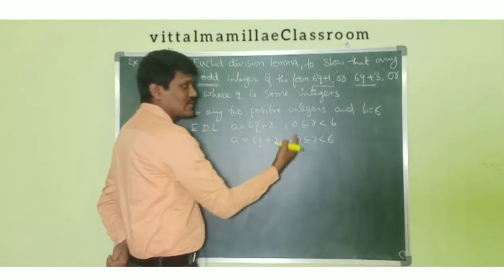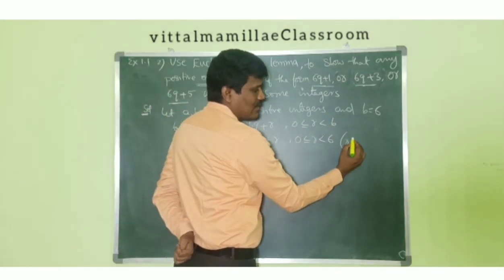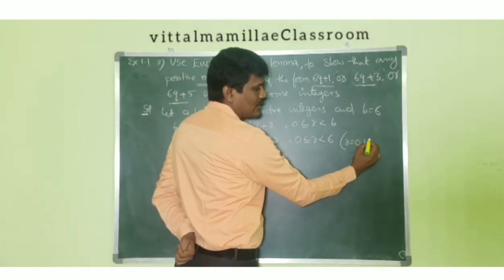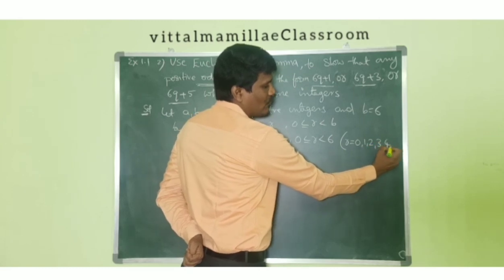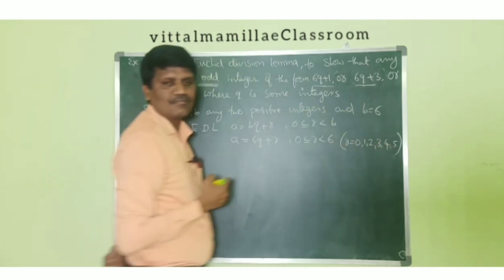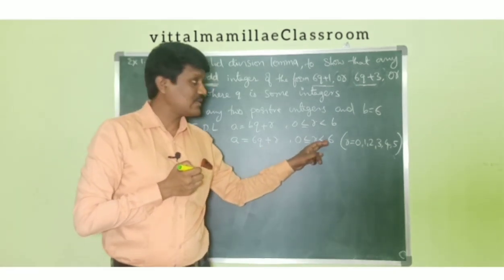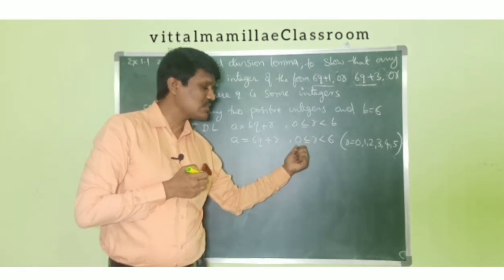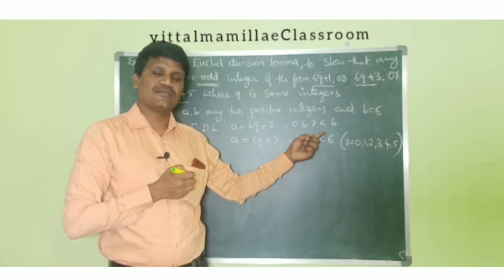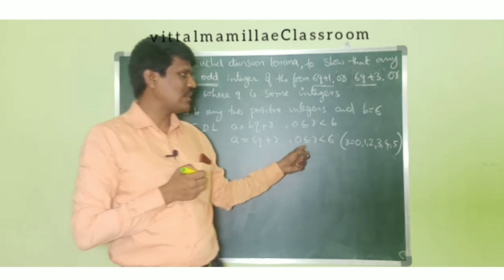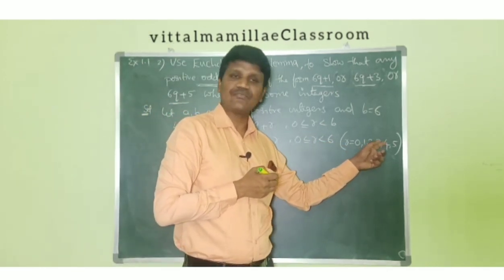So what are the r values? I can take r is equal to 0, 1, 2, 3, 4, 5. So you should start from 0 till 6 and take the r values as 0, 1, 2, 3, 4, 5.